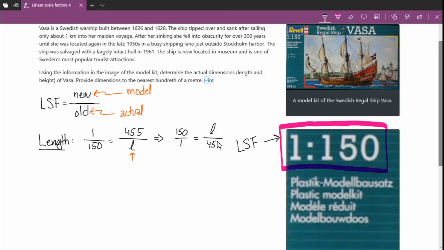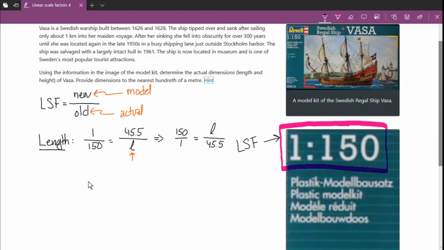So it's going to end up looking like this. When we're solving for an unknown variable, you can really do anything you want as long as you do the same thing on the left and right hand side. So if we do the reciprocal on the right hand side to get the L upstairs in the numerator, we have to do the same thing on the left hand side.